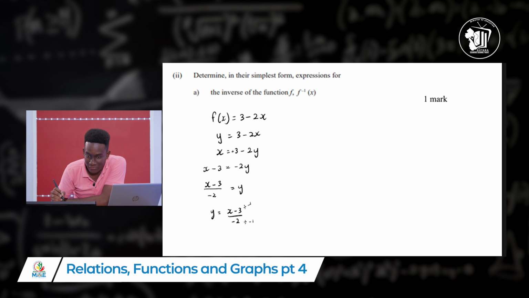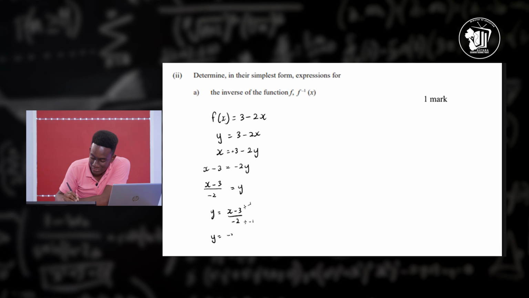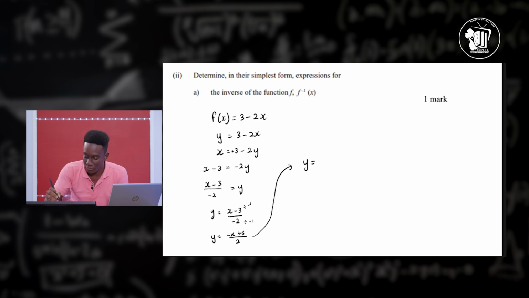When you divide by negative, all you do is switch the sign. So this will be -x plus 3, all divided by a +2. And this can further be written as y is equal to 3 subtract x, all divided by 2, instead of putting the negative in front here. And this can be written as f inverse of x is equal to 3 subtract x all divided by 2.